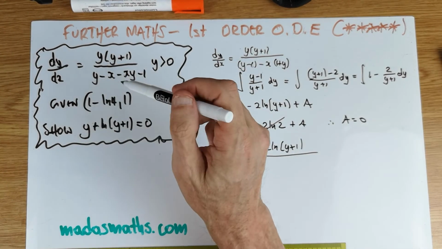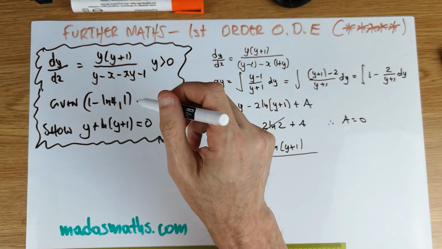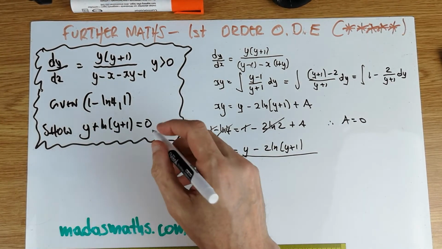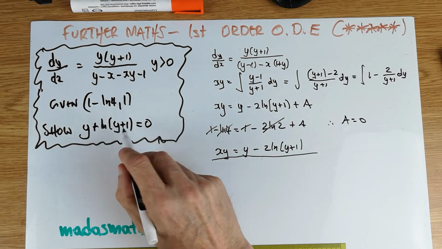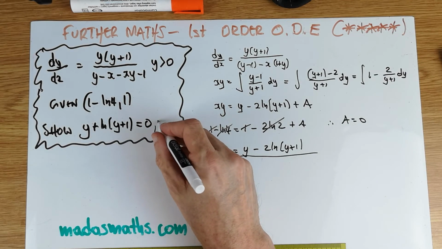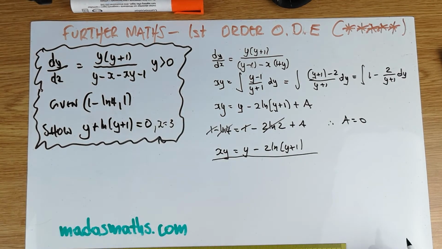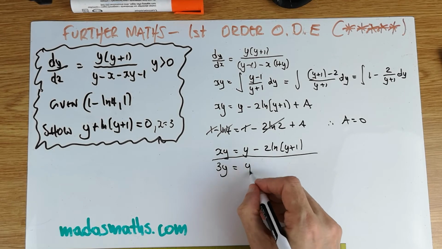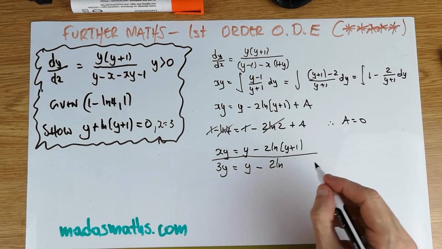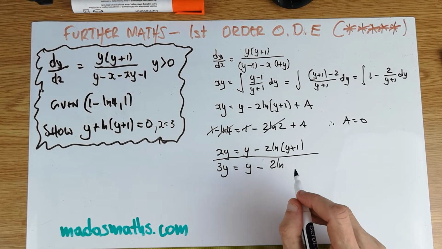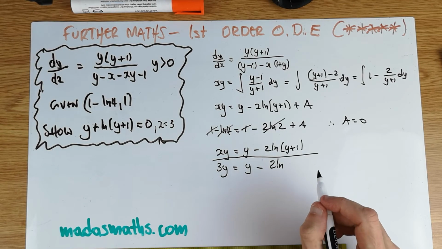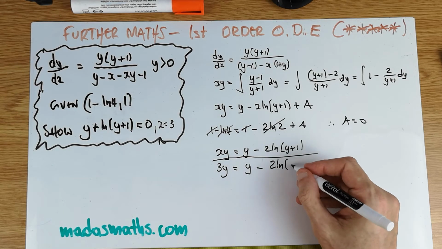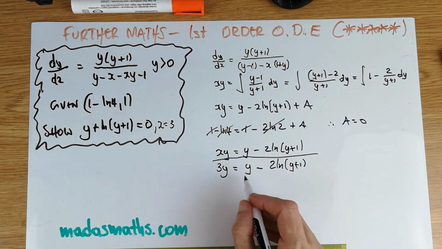And it says, show that, oh, actually I didn't write that, it's quite bad of me. Show that y plus the log of y plus 1 is equal to 0 at x is equal to 3. I omitted that, I do apologize. So when x is equal to 3, we're having 3y is equal to y minus 2 times the log of y plus 1.